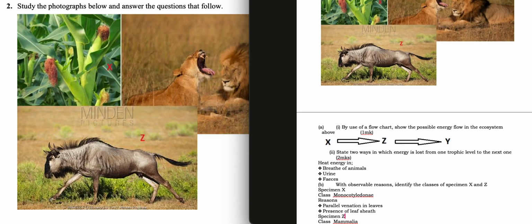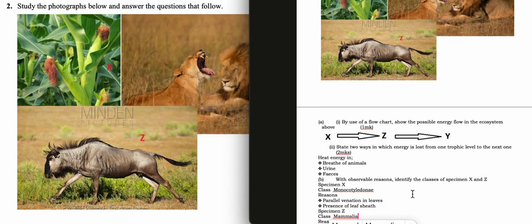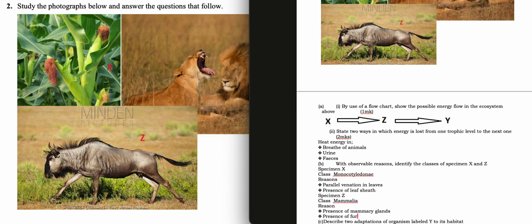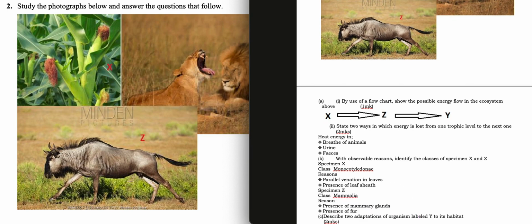Reasons: there is parallel venation in leaves, there is presence of leaf sheath. Specimen Z is class Mammalia. The reason is because there is presence of mammary glands and presence of fur.